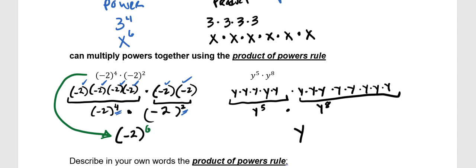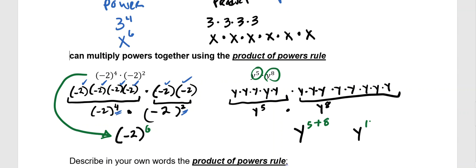Now what you might notice, and what you might have already picked up on, is that the 13 is really just a result of the exponent of 5 plus the exponent of 8. So by the time we're done, we don't have to write out these products. It seems like we have a rule here where we can just say that when we multiply powers, as long as the bases are the same, we can keep the base and we can just simply add the exponents.